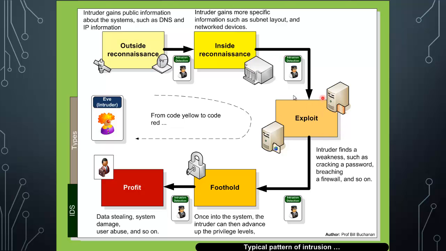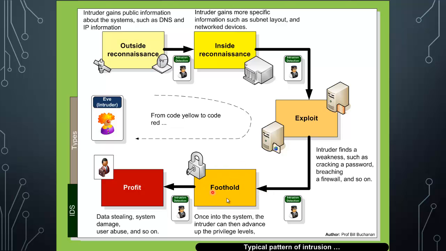After this, we get to the point of exploit. So the intruder has found a loophole or a weakness in the system and tries to exploit it. So this might be breaching a firewall, cracking a password, and so on. This can often happen with unpatched systems, where the intruder can see there's a system that is unpatched and will try to use this vulnerability.